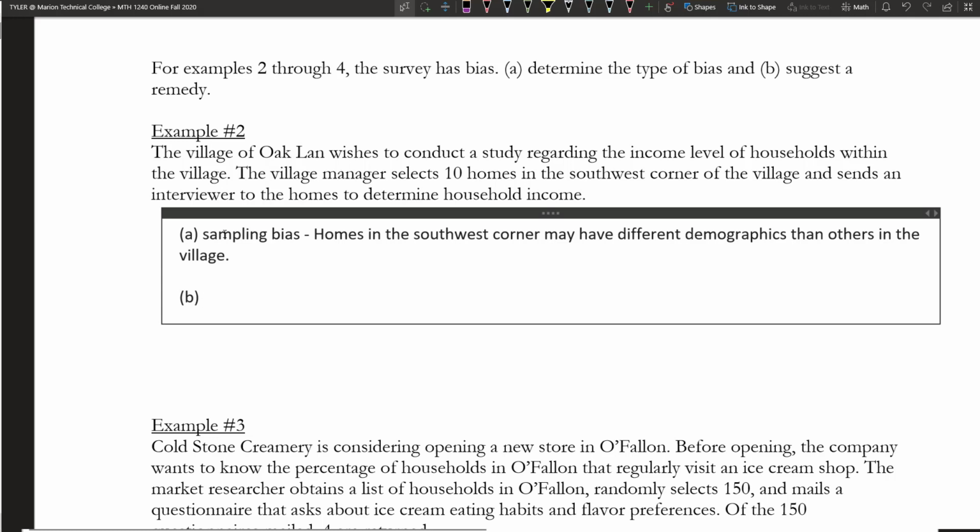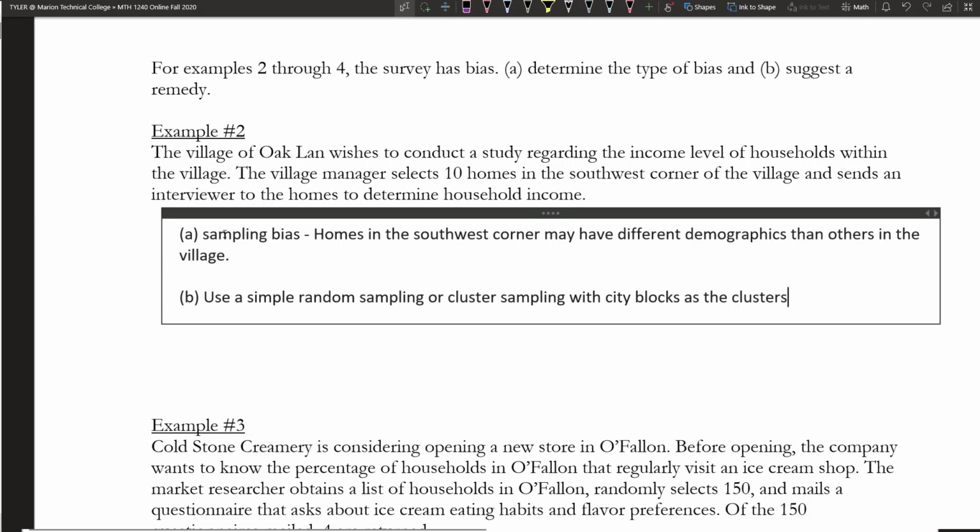A remedy would be you could use a simple random sampling, or you could do cluster sampling with maybe city blocks as the clusters, right?